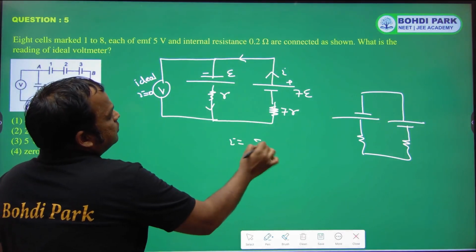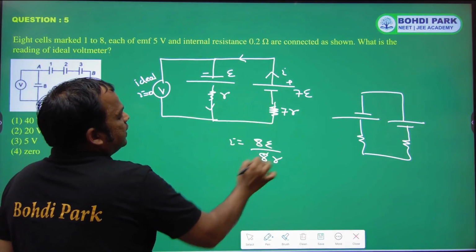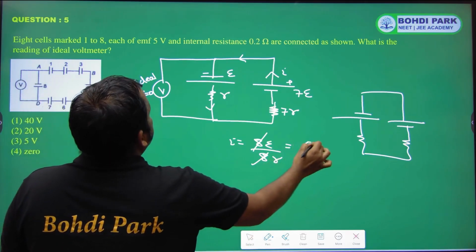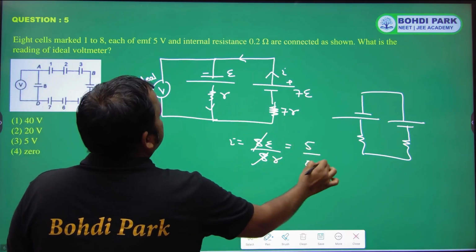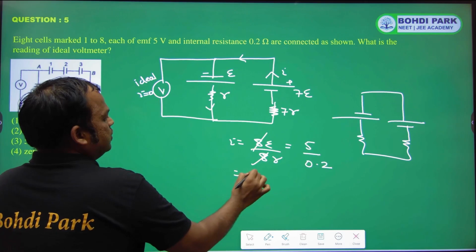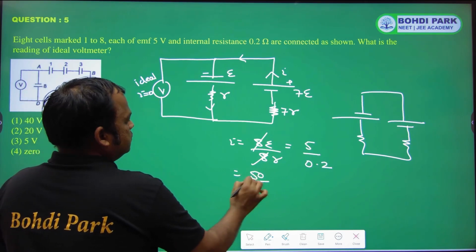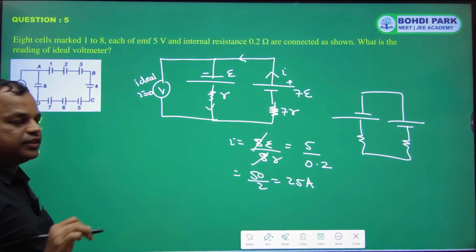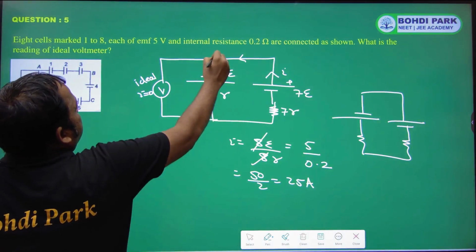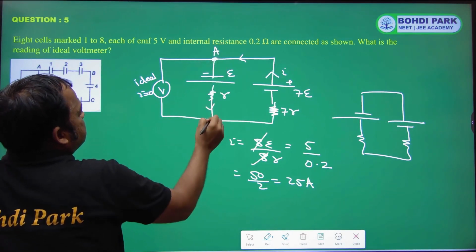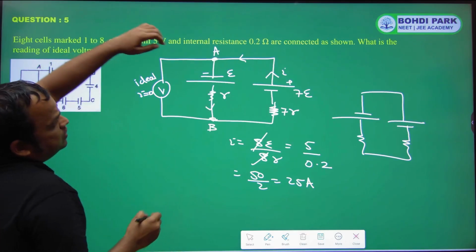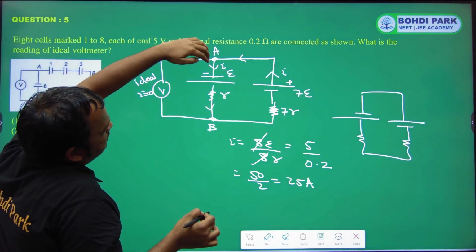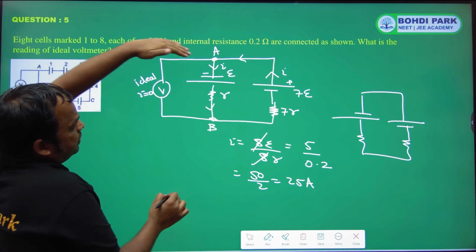So I is equal to 8E by 8R, which is equal to 5 by 0.2, so 25 ampere. Current is 25 ampere. Now the voltmeter reading is the potential difference between A and B. You see the current is going from A to B, so it is a discharging cell.